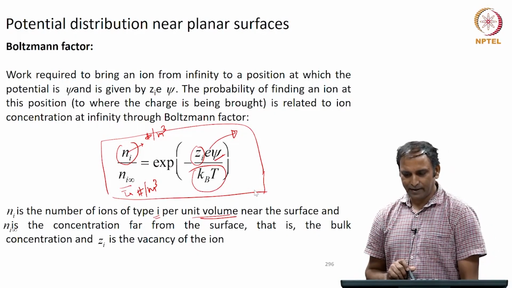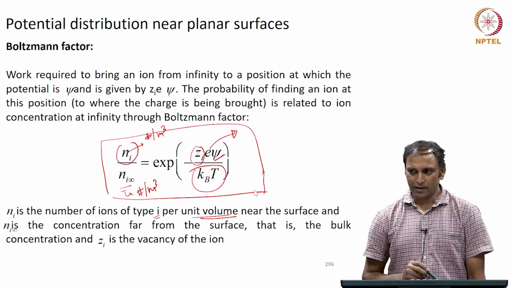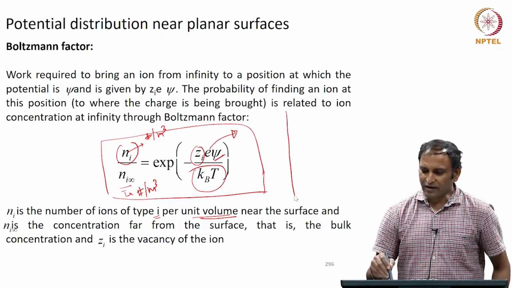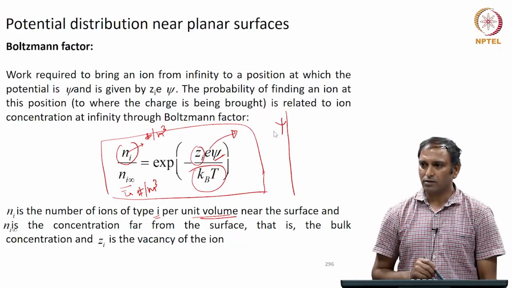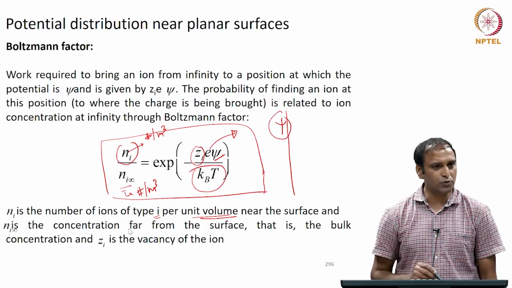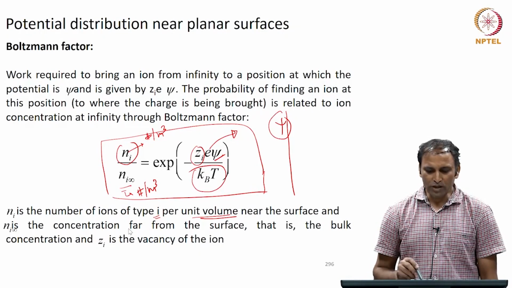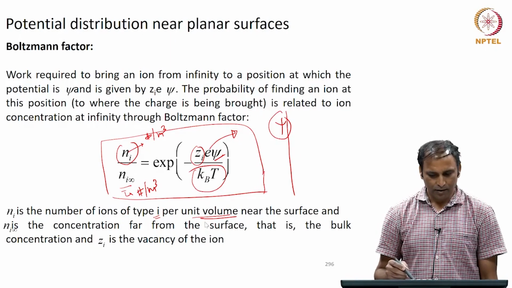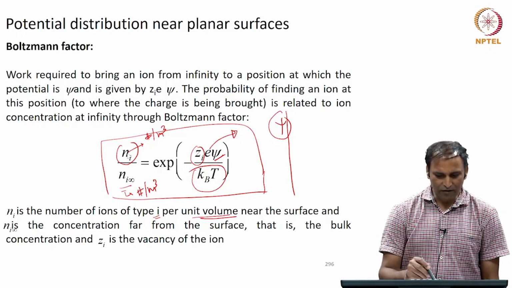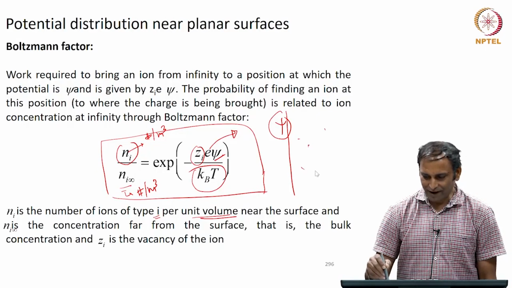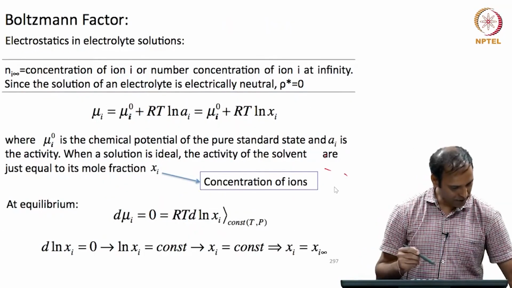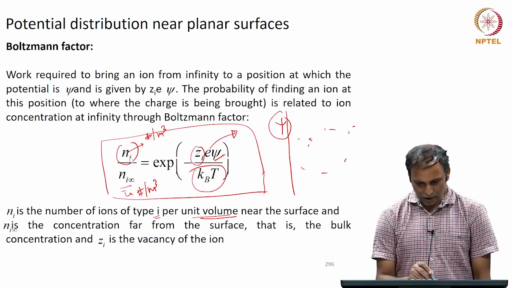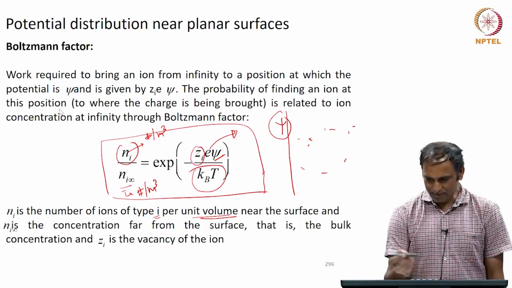What this expression essentially tells you is, given that I have a surface whose potential is psi, what is the probability of finding an ion. There are going to be several ions in the solution. Let me just go through this.